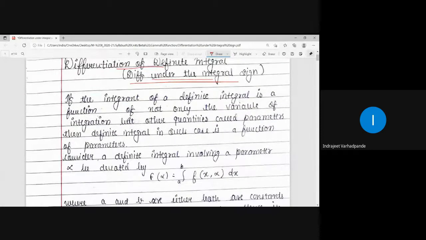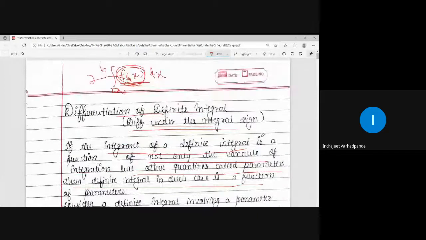So what does this suggest? If the integrand of a definite integral is a function of not only the variable of integration but also other quantities called parameters, then we call this definite integral a function of parameter. As I said, it involves not only the variable but simultaneously a certain parameter.